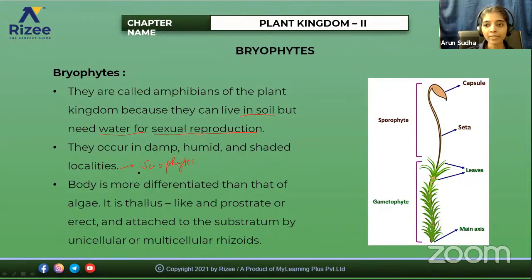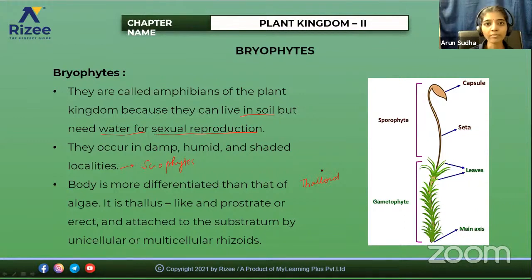Another main difference between algae and bryophytes is that the body is more differentiated than that of algae. In algae, we saw that the body is thalloid, with no differentiation into root, stem or leaf. But here it is a little more differentiated.